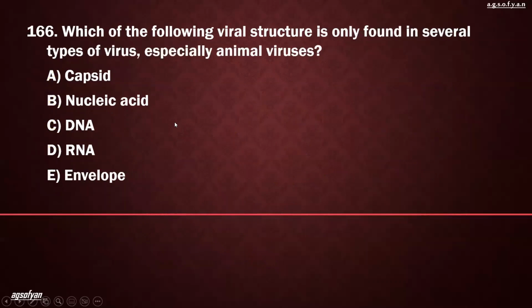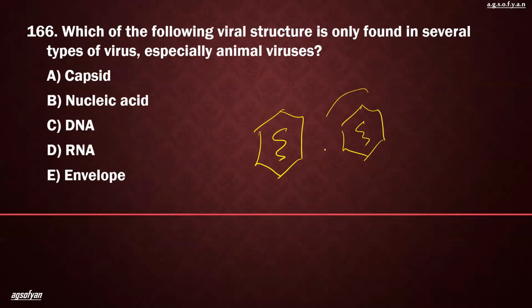Okay, which of the following viral structures is only found in several types of viruses, especially animal viruses? All viruses will have the capsid and nucleic acid. Some viruses have an additional structure. What is that additional structure? Yes, the envelope.